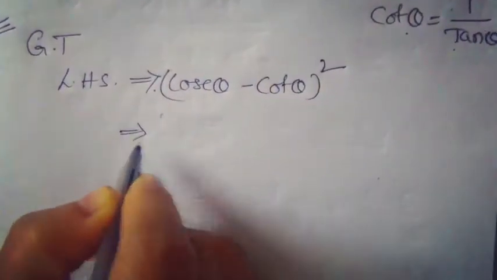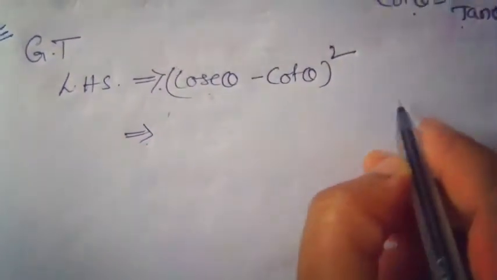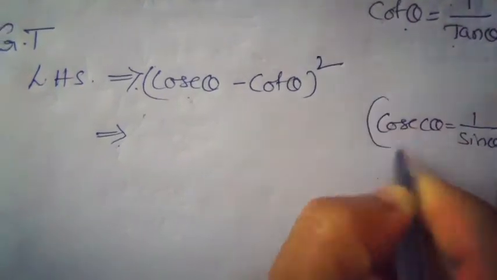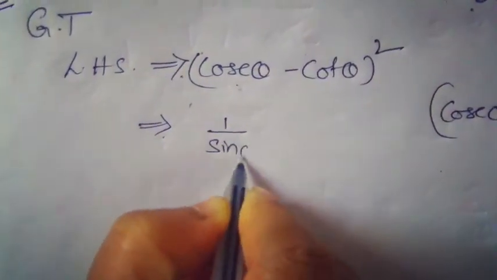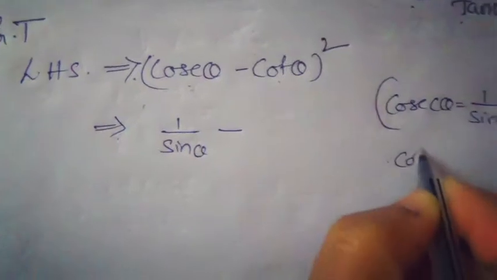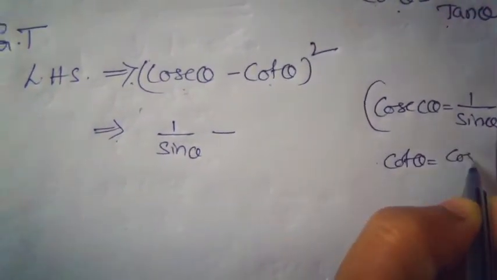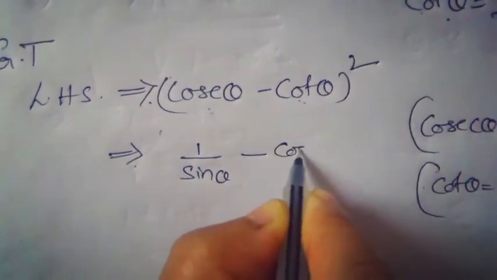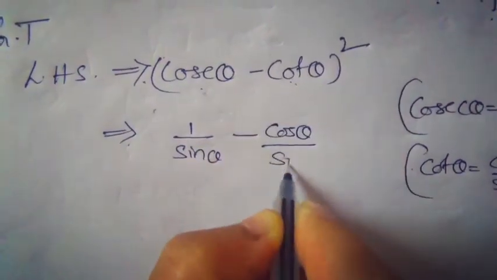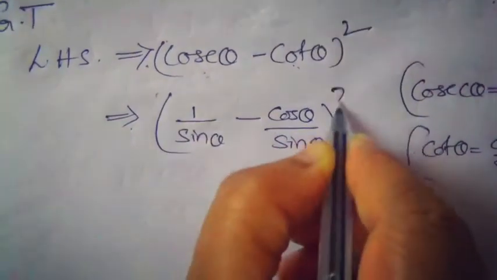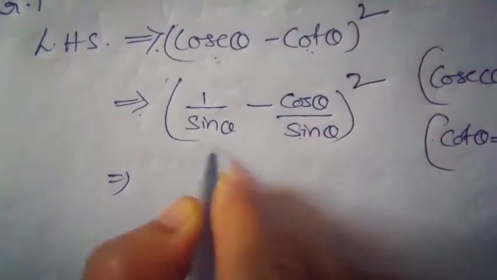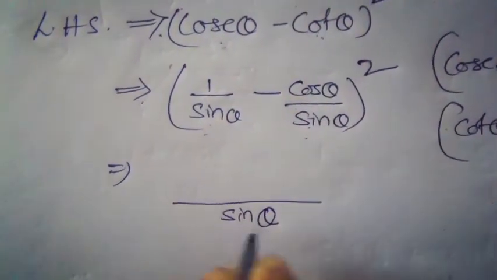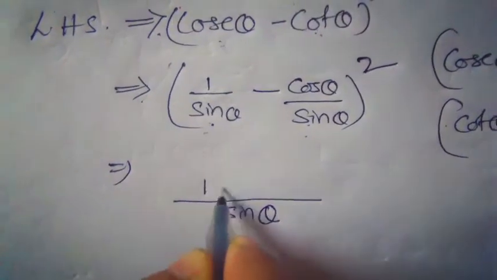Okay, that implies, we know that cosecant theta is equal to 1 by sin theta. So 1 by sin theta minus cot theta, and for cot theta we have the formula cos theta by sin theta. In the place of cot theta I am writing cos theta by sin theta whole square. That implies, do LCM for these two inside. Sin theta is there, that's why I am writing it as is.